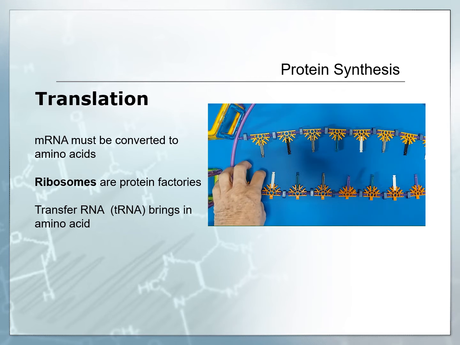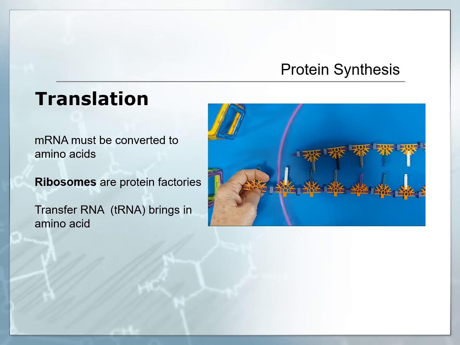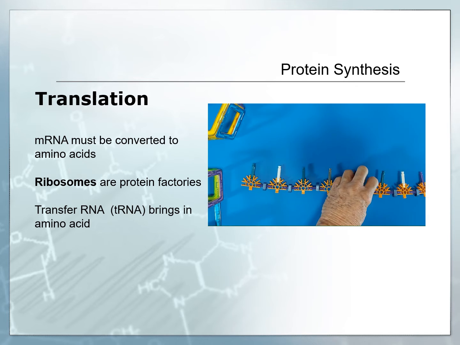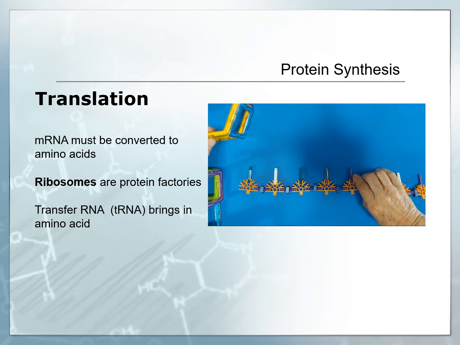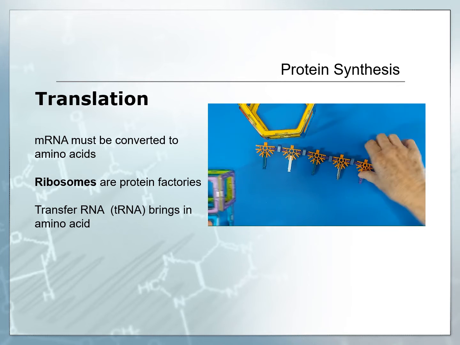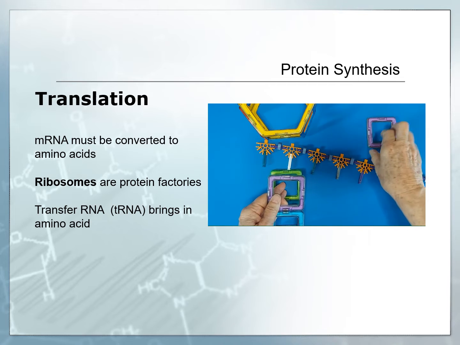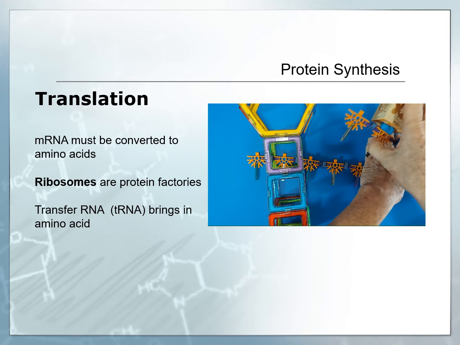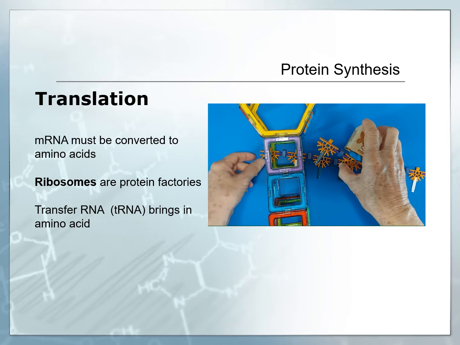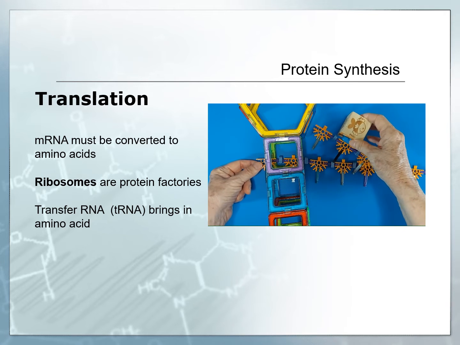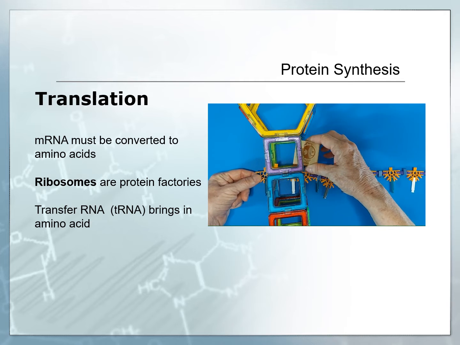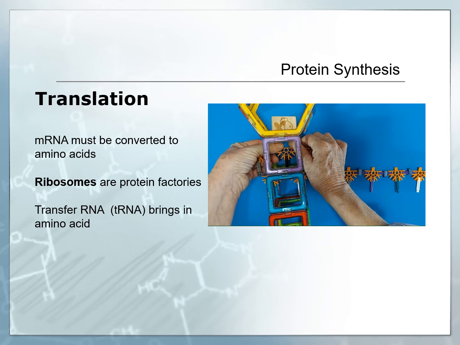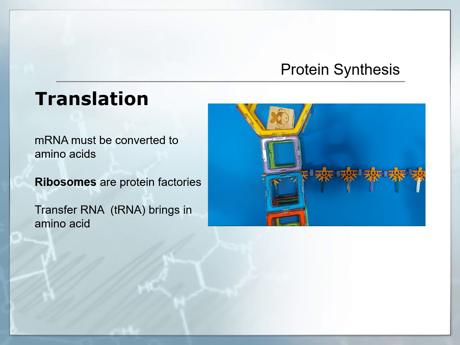Messenger RNA exits the nucleus and goes into the cytoplasm, where it meets up with a ribosome that clamps onto the messenger RNA. tRNAs bring in an amino acid, match up with the appropriate codon on the mRNA, and drop off their amino acid.